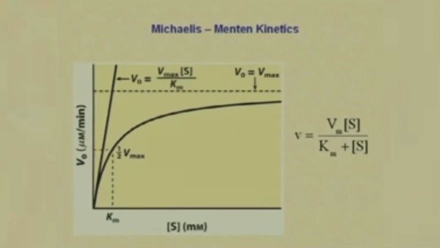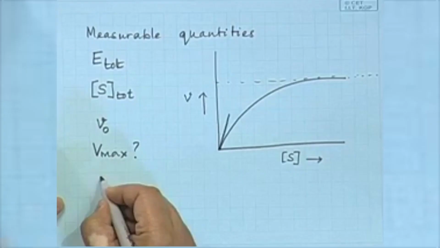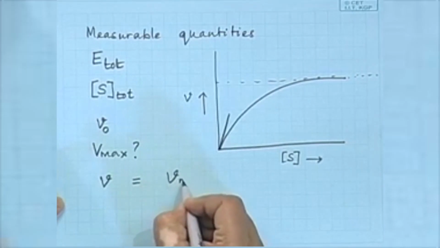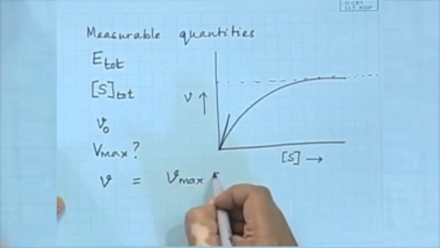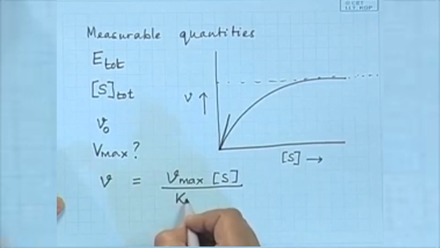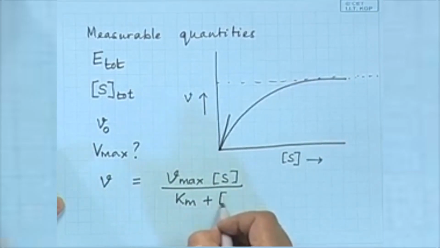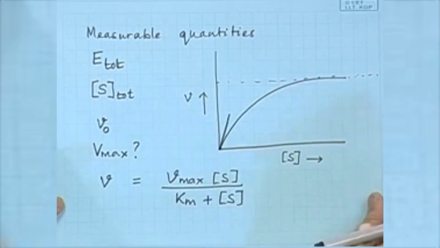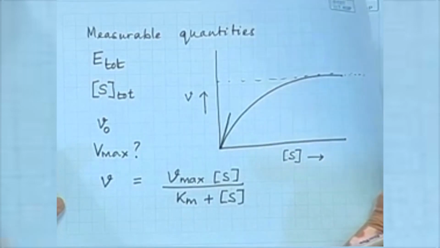So how do I calculate Vmax? If I look at the expression, I have a velocity that is equal to Vmax times substrate concentration divided by Km plus the substrate concentration. Now if I take the reverse of this, what can I do?